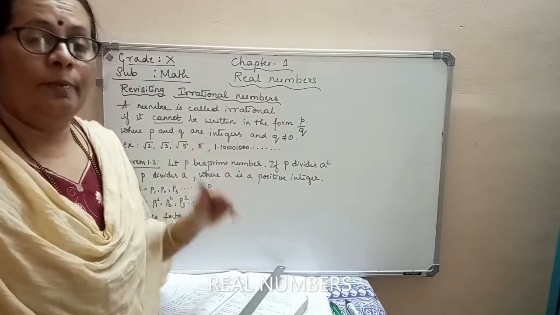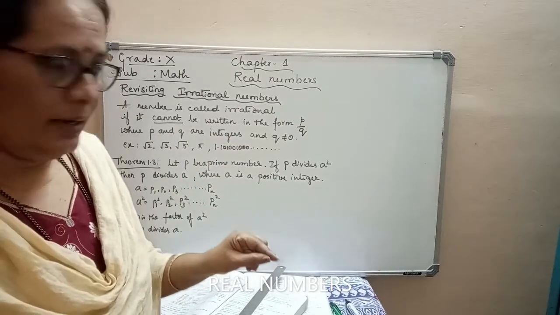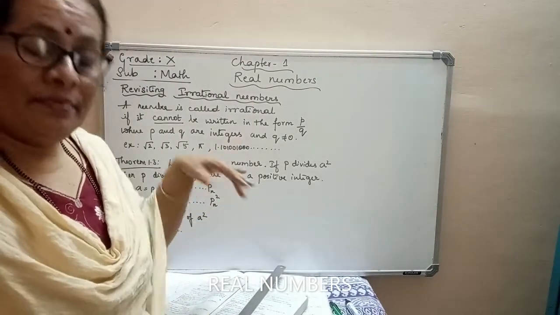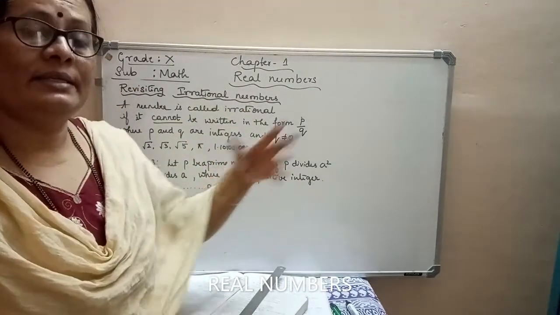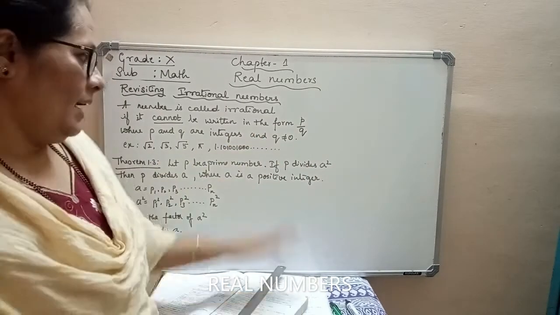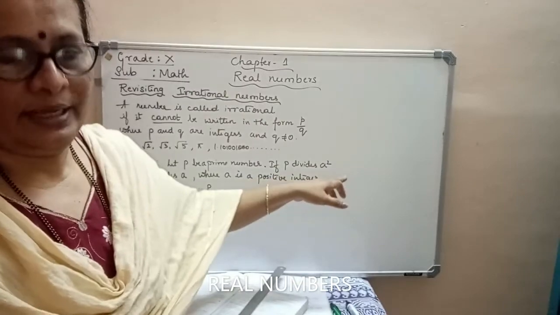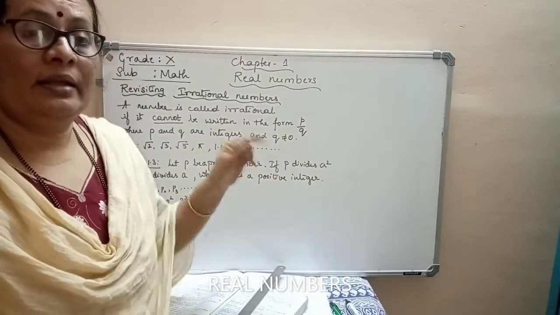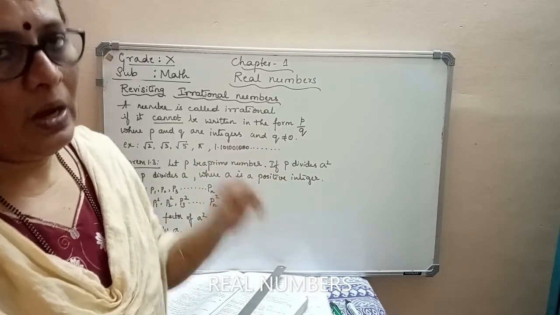That is, if P is a prime number which divides A square, then P divides A also, where A is a positive integer.